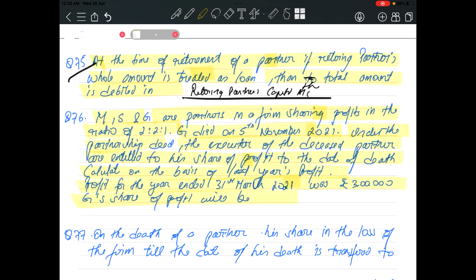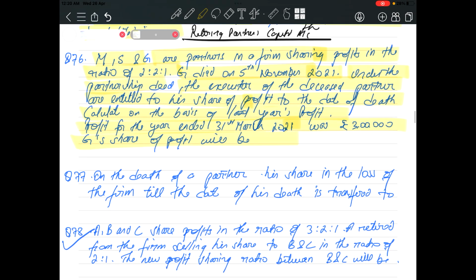Basically the question is saying M, S and G are partners sharing profits in the ratio of 2:2:1. G died on 5th November 2021. The executors are entitled to his share of profit to the date of death. So if this is the balance sheet date, closing balance, we have closed the balance sheet on this date for the last year.